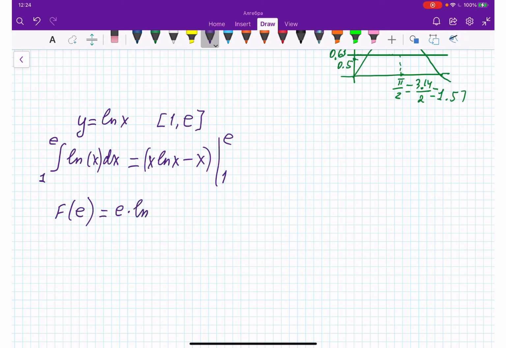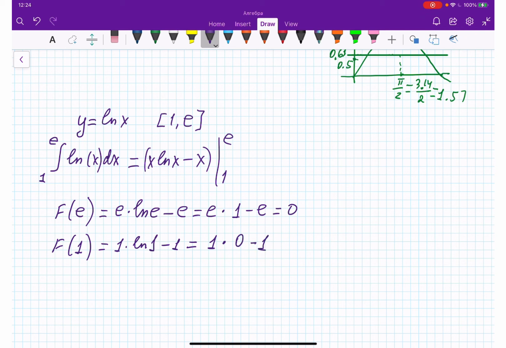Okay, let me write down like this, e and minus e. It's going to be e times natural logarithm of e, which is 1, minus e. It's going to be 0. Now, the antiderivative of 1 is going to be 1 times natural log of 1, minus the natural log of 1 minus 1. Any logarithm of 1 is going to be equal to 0, and minus 1, right?